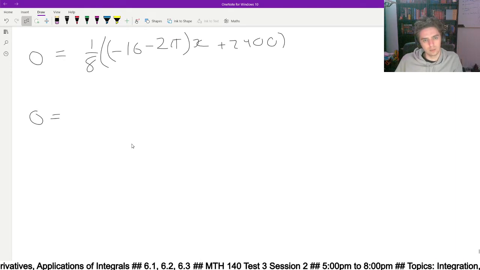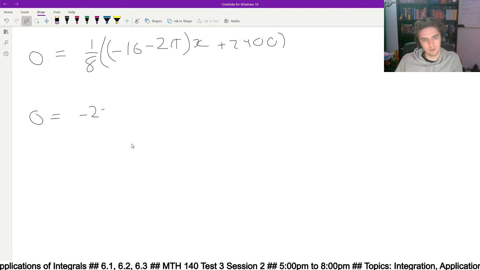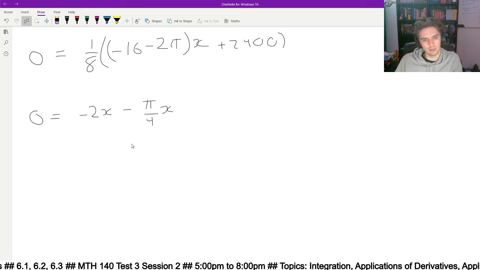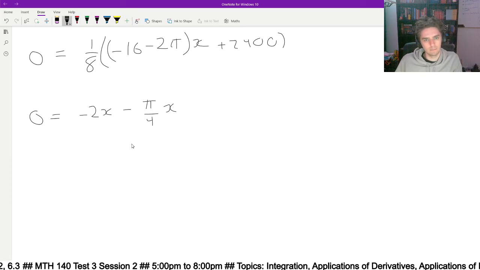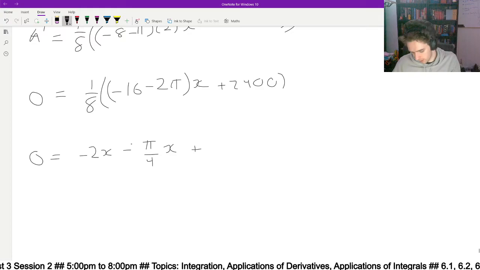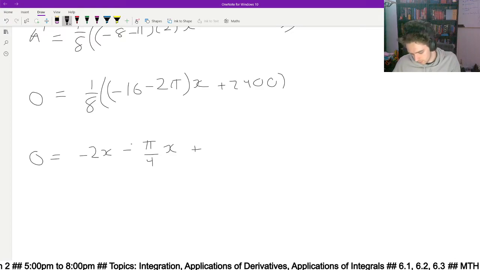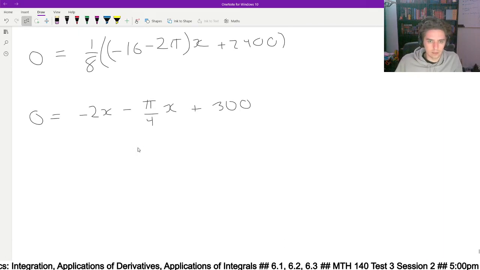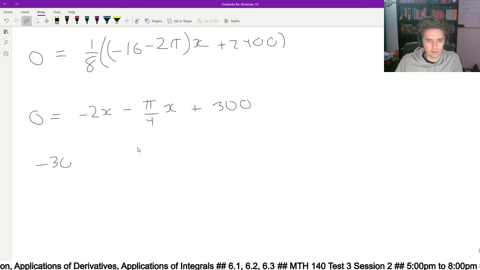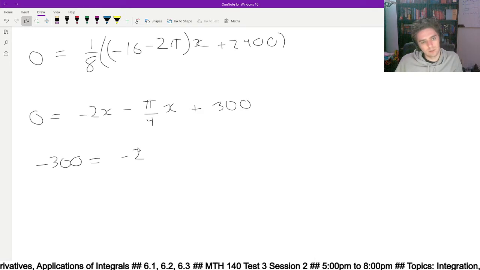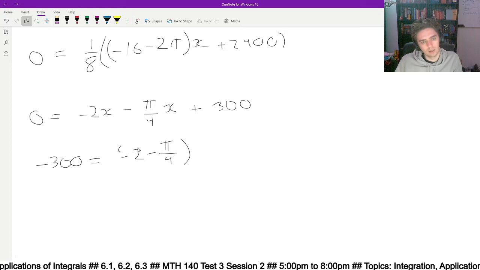So 0 equals negative 2x minus pi over 4x, or yeah, pi over 4x, I guess. 2,400 divided by 8 is 300. And so now I just move this over. So negative 300 equals negative 2 minus pi over 4x.